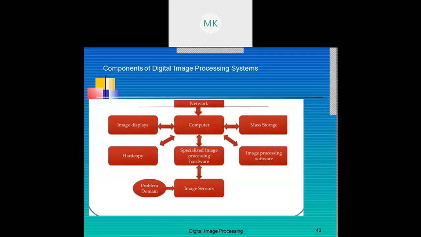Then we have considered digitizing the image. Digitizing the image can be done using two techniques: first is sampling and second is quantization. When the image is continuous with respect to x and y coordinates, it is considered sampling, and in the case of quantization, we need to consider the amplitude values.